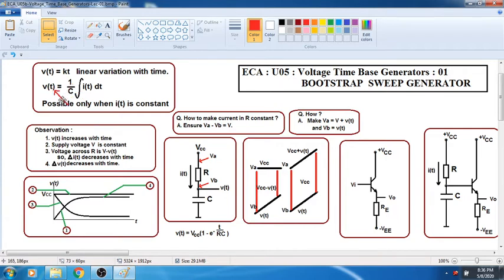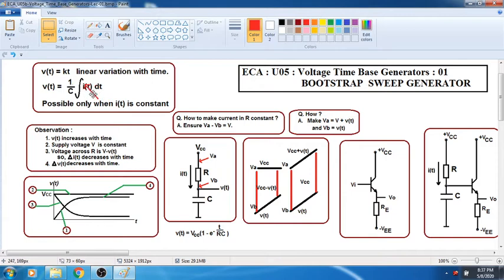Now, I want this voltage to be proportional to the time. So, how can it be proportional to the time? It is possible when we are able to make this current flowing through the capacitor a constant. Okay, remember that point. The current flowing through the capacitor must be constant with the time. Only then the voltage will be proportional to the time.